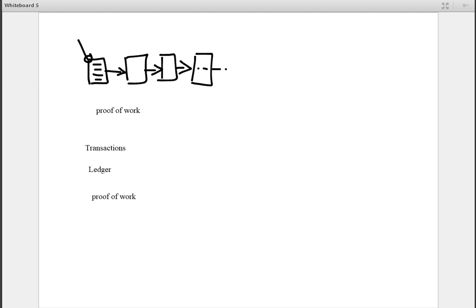And today, I just talk about these three concepts, okay? And in the next lectures, we will talk about hashing and cryptographic hash functions, digital signatures, and the like. Okay, let's go.